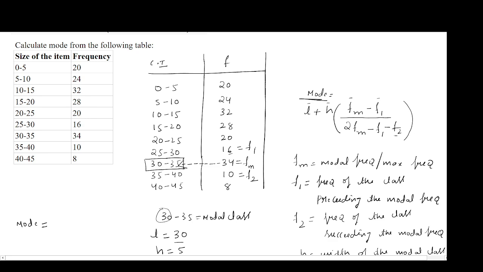F1 stands for frequency of the class preceding the modal class, so 16 is F1, and F2 is succeeding value of the maximum frequency. Succeeding value is 10.